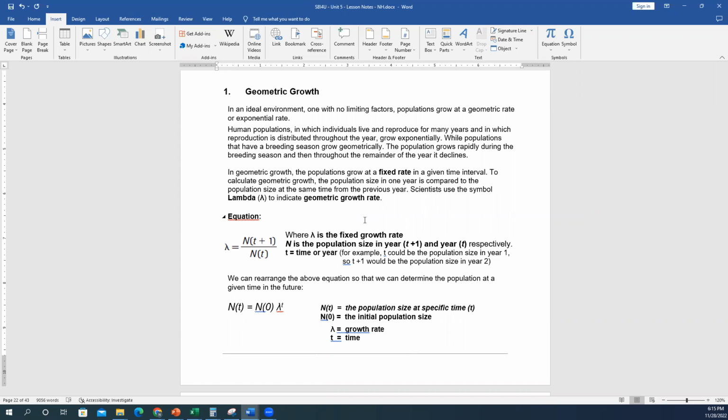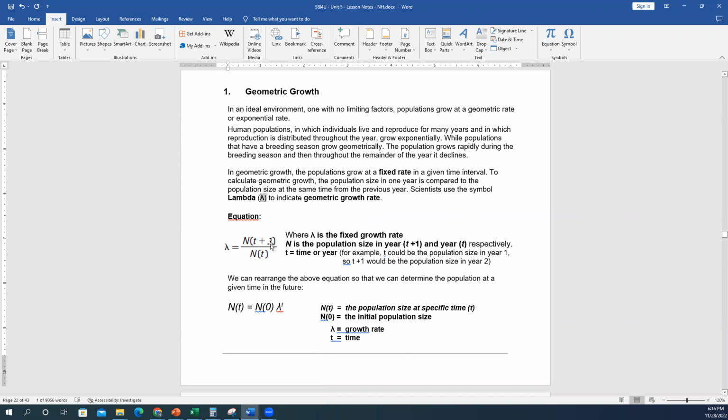And to calculate this geometric growth, you take the population size in 1 year and compare it to the population size at the same time from a previous year. And scientists use the symbol lambda to represent the geometric growth rate.